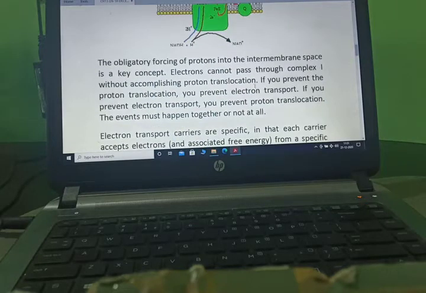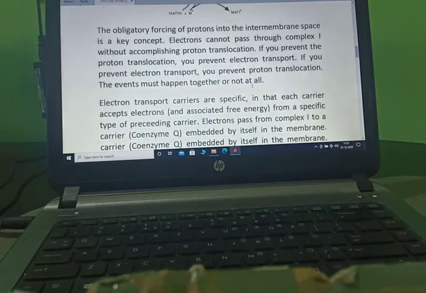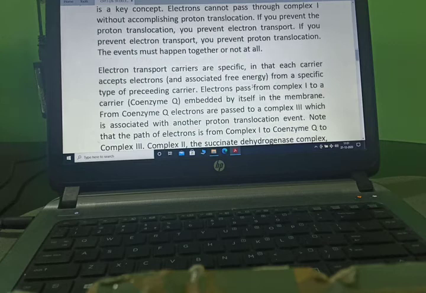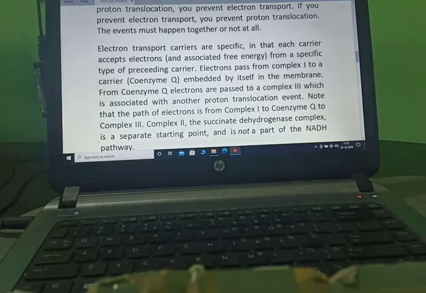The obligatory forcing of protons into the intermembrane space is a key concept. Electrons cannot pass through complex 1 without accomplishing proton translocation. Electron transport carriers are specific, in that each carrier accepts electrons from a specific type of preceding carrier.